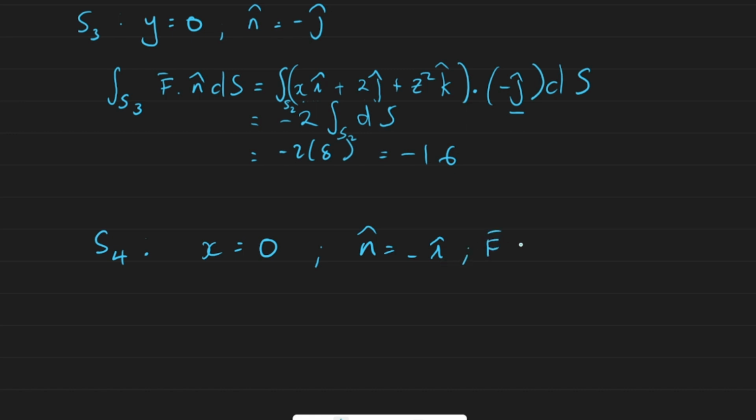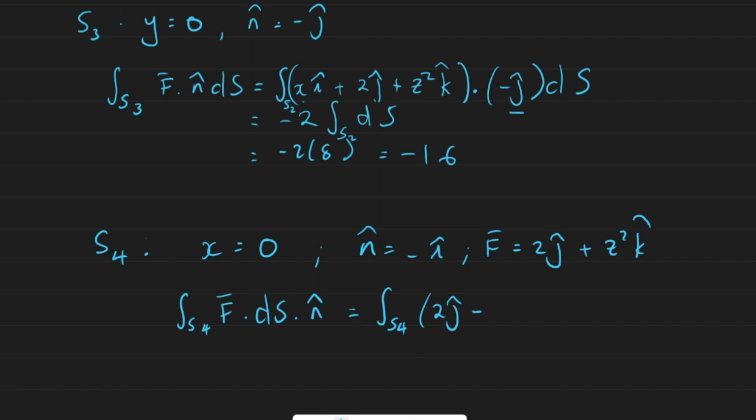So F is equal to 2j plus z squared k. So proceeding with this, the surface integral along surface 4 is F dot the normal vector times dS. So that is equal to the integral along surface 4 of 2j plus z squared k, dot the normal vector, which is minus i, times dS.